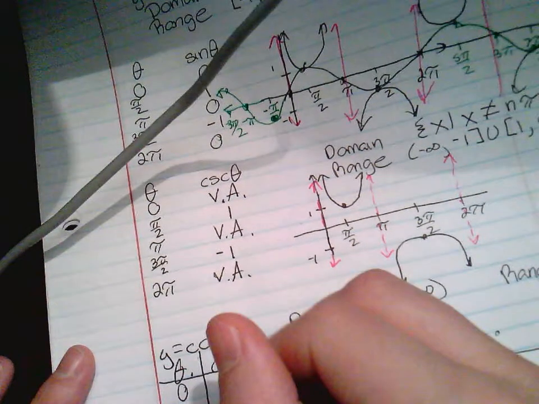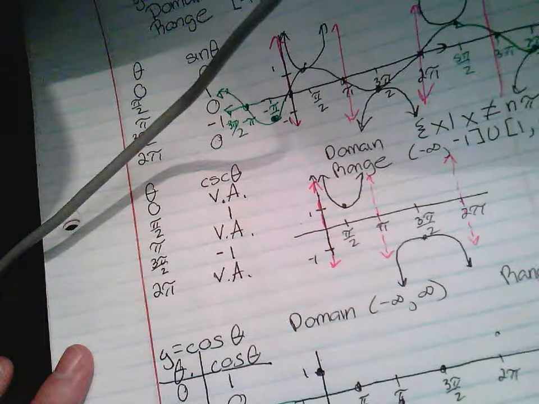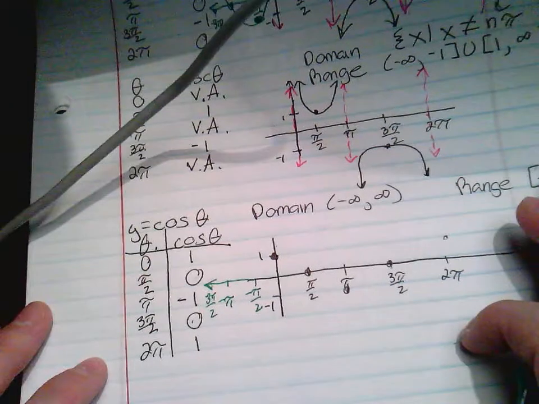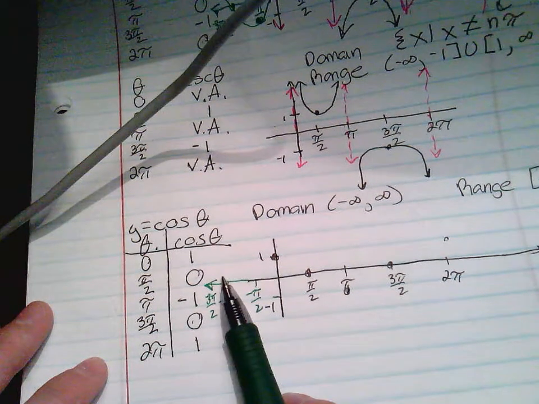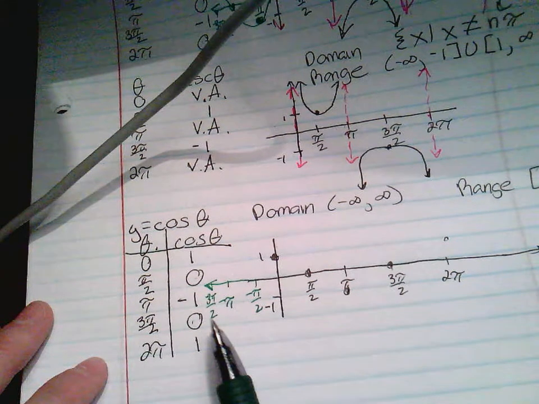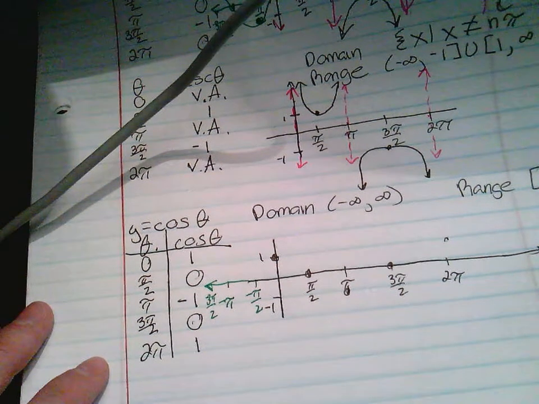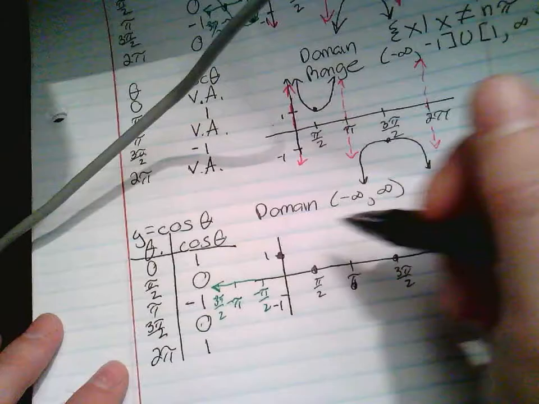Okay, cosine is an even function, which means it's symmetric about the y-axis, which means if you go to a negative x, your y is going to remain positive. If it was negative down here, your y is going to remain negative. So it's a mirror image over the vertical axis here. Okay, so if it's 0 here, it's 0 there.